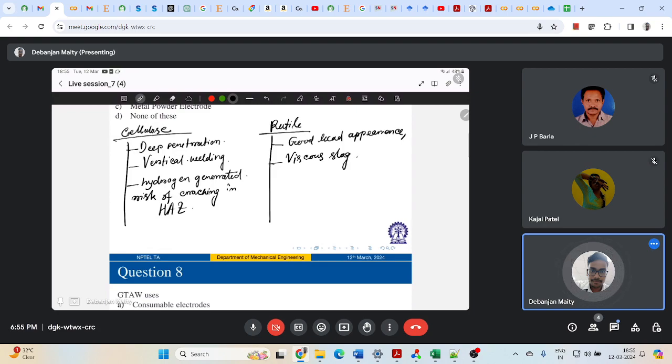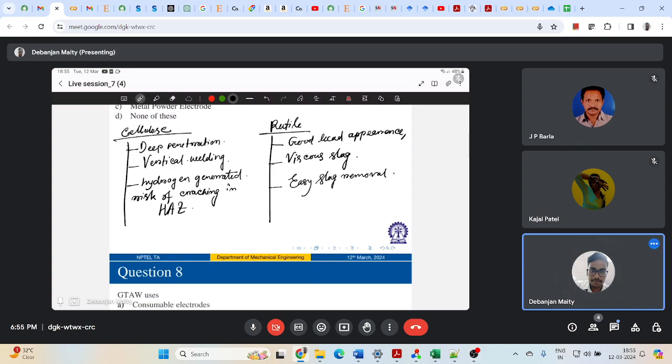So because this is viscous, the slag removal will be very easy over here. Easy slag removal. Those are some characteristics of the rutile electrode, right?